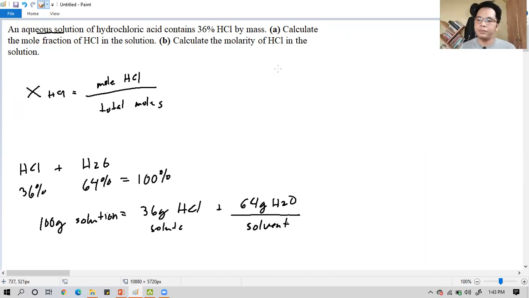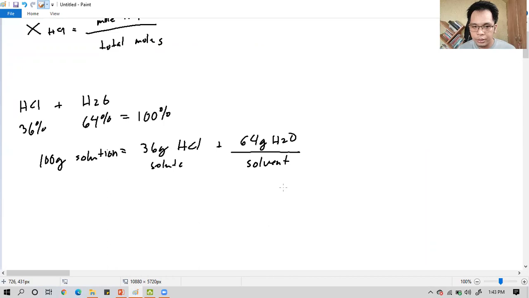From your previous lessons, we have to calculate their moles, and the formula for moles is just mass over molecular weight, right? So for the moles of HCl, I'll clear the board of our discussion.